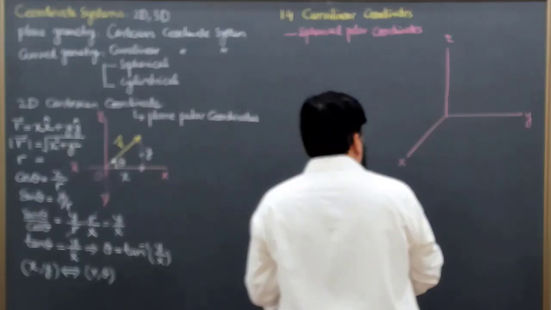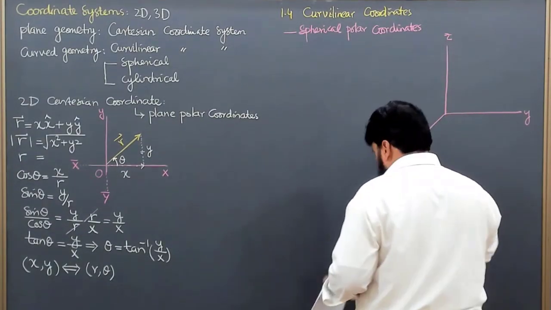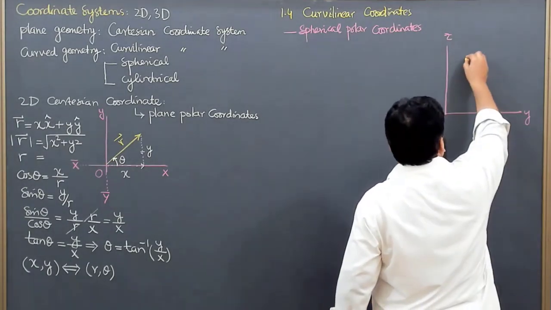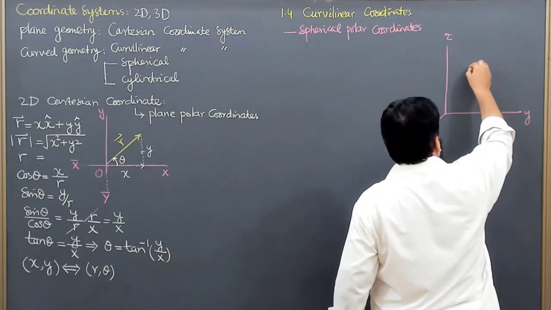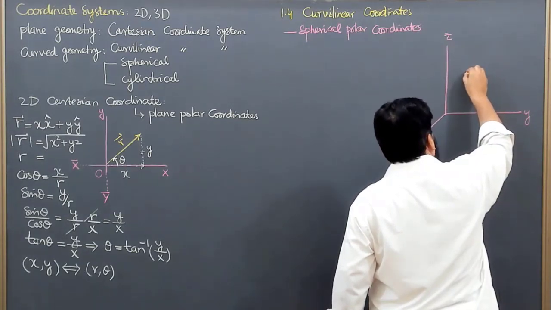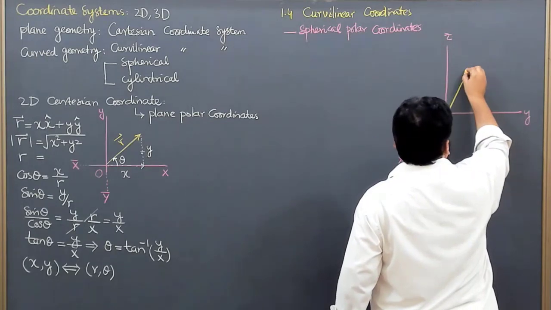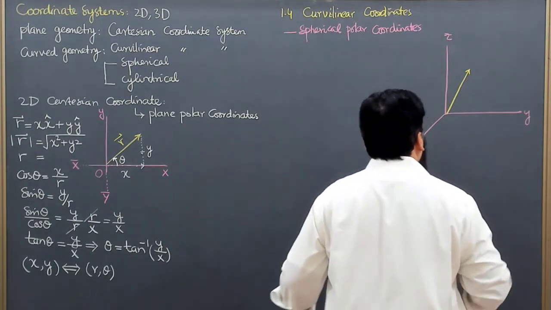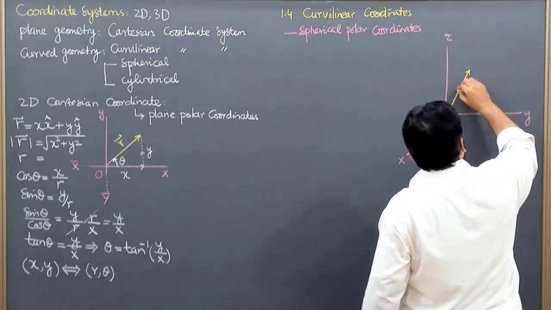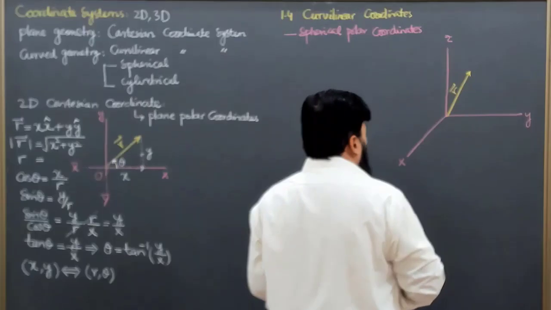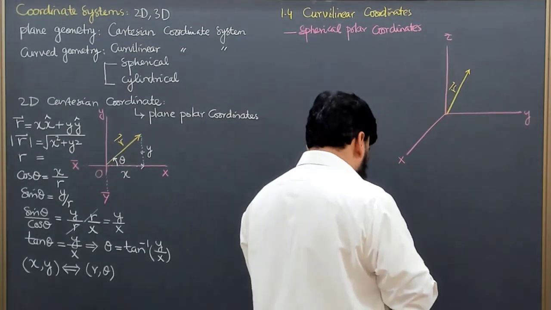Now inside this system, let's say we are having a vector r here. So this is vector r, and it will have components in this system.